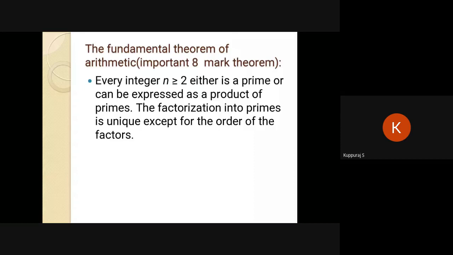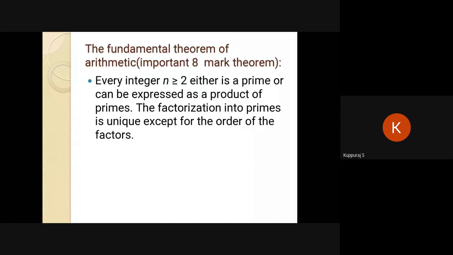That means, suppose you want to factorize 60. How do you factorize? That is 5 into 4 into 3, or 20 into 3, which is 60. So one representation is 3 into 2 square into 5. Another representation is 2 square into 3 into 5.